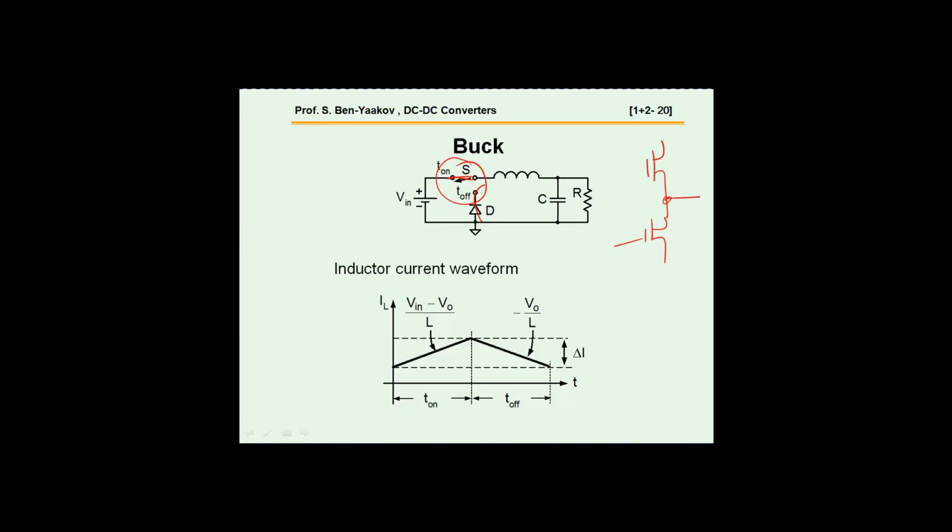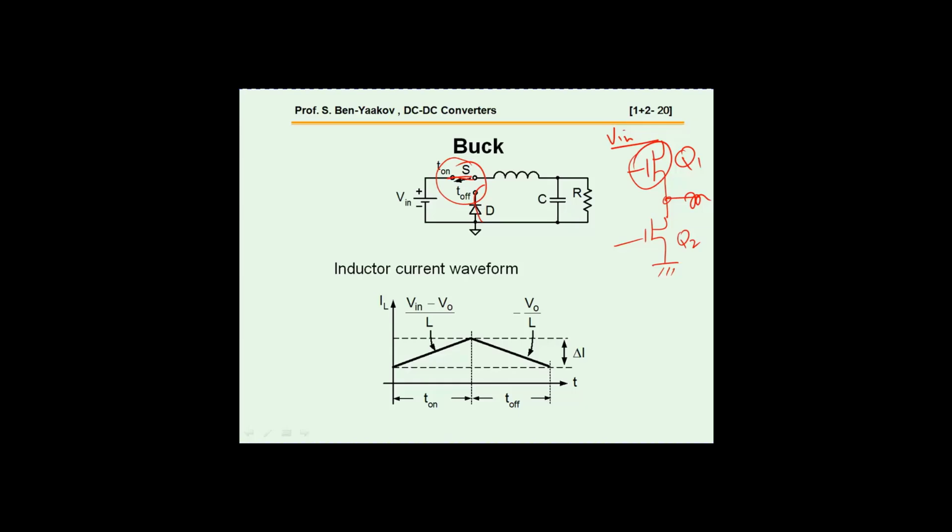Here's the inductor, here is Vin, and you connect through the first one, say Q1, the inductor to Vin, and then you turn it off, and then connect Q2 to ground. So this is a sort of half-bridge operation, and it's used for many reasons that I'm not going to go into, and this is a practical implementation of the buck circuit.